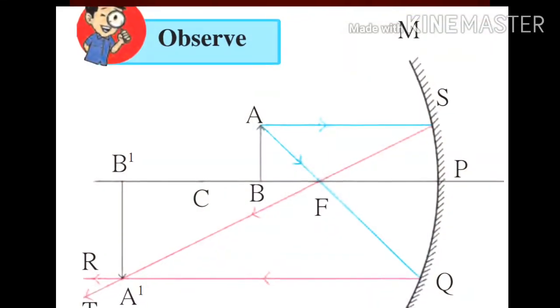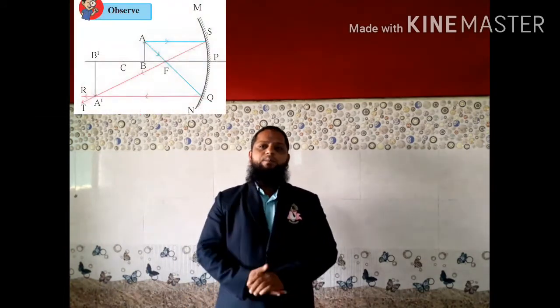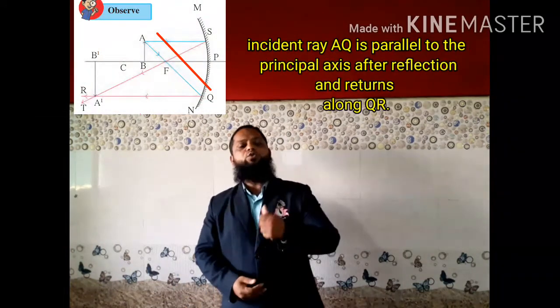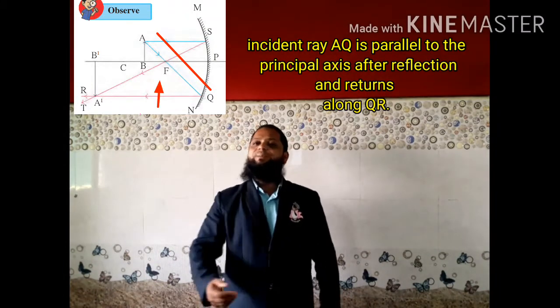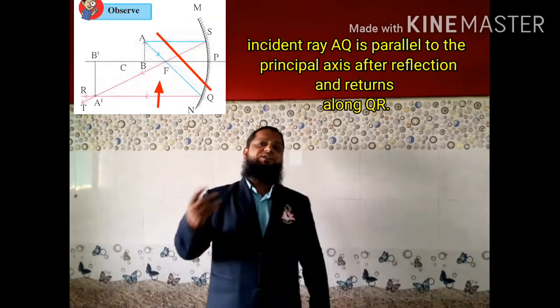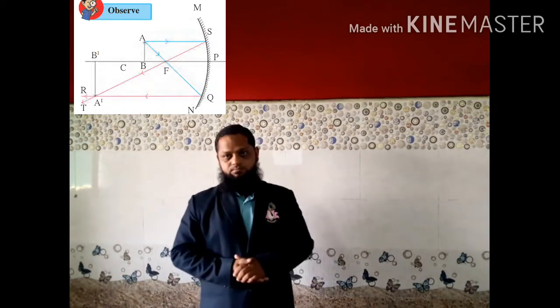As shown in the figure, object AB is placed between the focus and the center of curvature of the concave mirror MN. The incident ray AQ, starting from A and going through the focus F, becomes parallel to the principal axis after reflection and returns along QR.